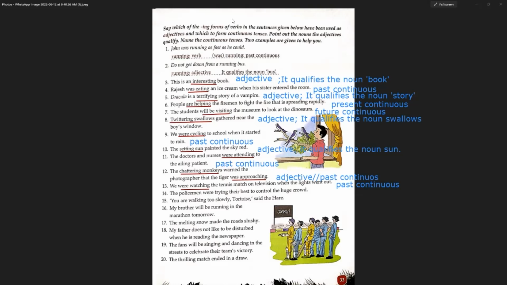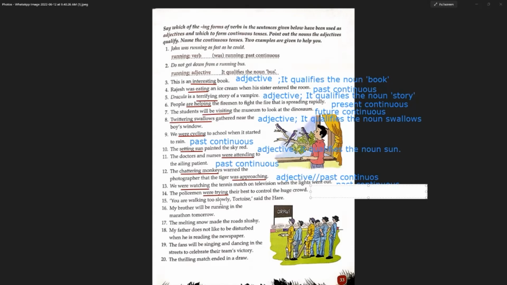Okay, right. So the policemen, what shall I underline there, Mithuni? Trying. Yes, were trying. So is it an adjective or a continuous tense? Adjective. It is not an adjective. It doesn't qualify any noun. It is a verbal phrase, were and trying. Were is a helping verb and trying is the main verb, right?